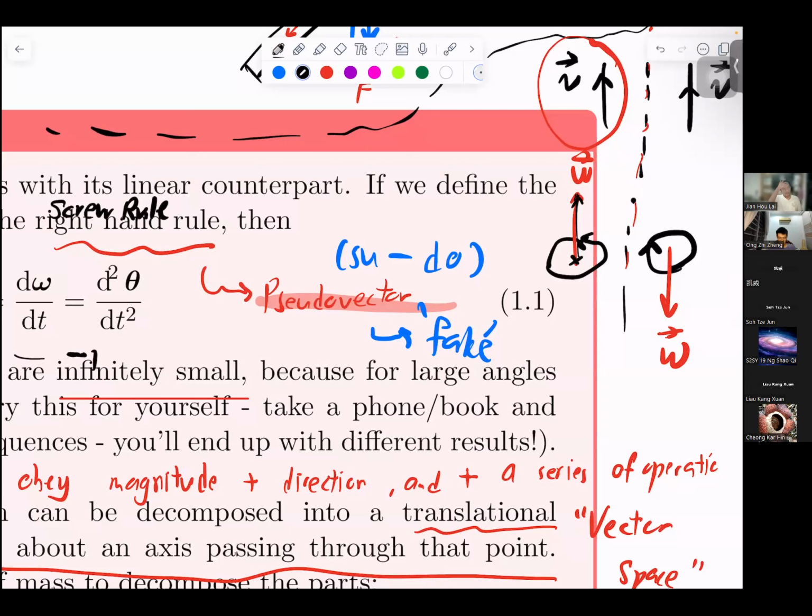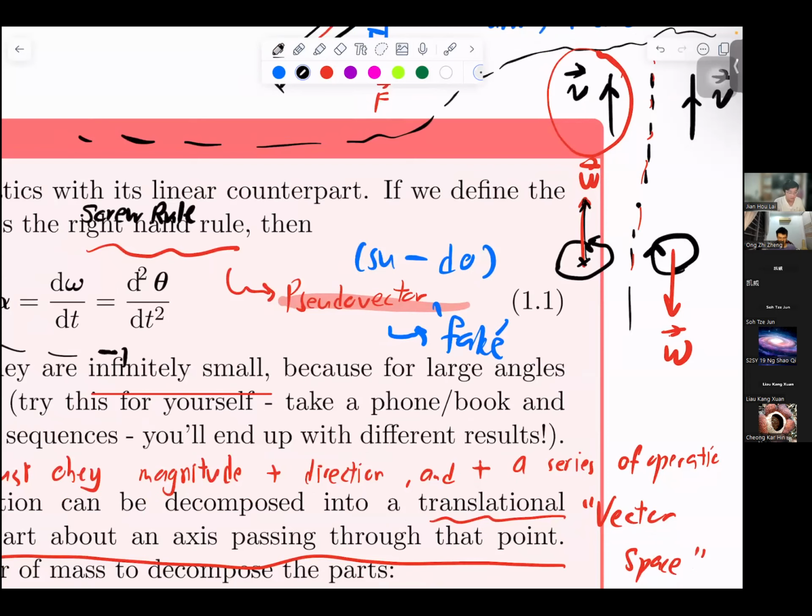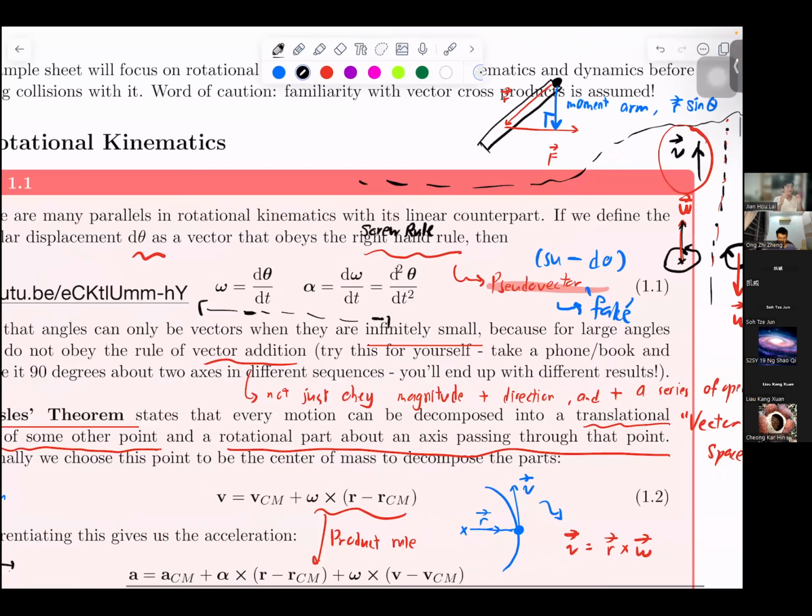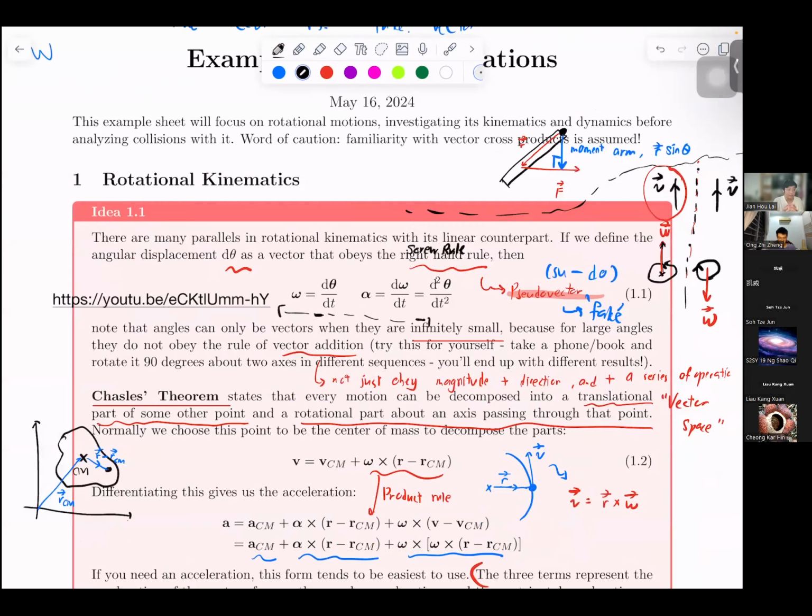So the idea is that a vector is not just magnitude and direction, as the high school teacher taught. It also must follow a series of definitions, rules in the vector space, so that it can be defined as a vector.